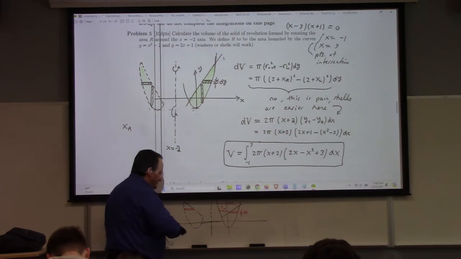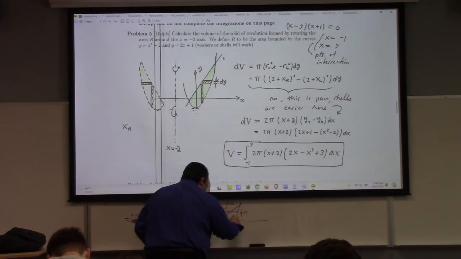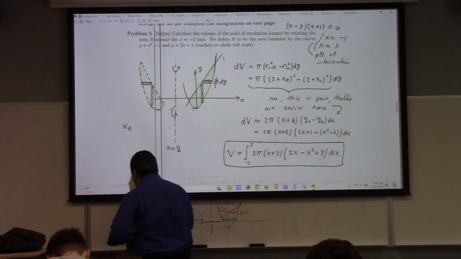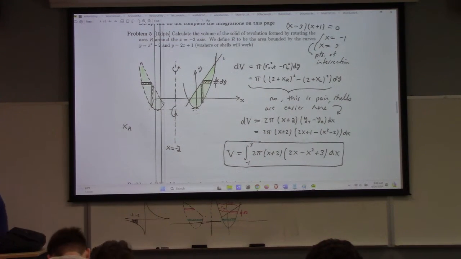How about down here? What defines the inner and outer radius for the washer down there? At the top, the line gives us the inside radius, and the parabola gives us the outside radius.